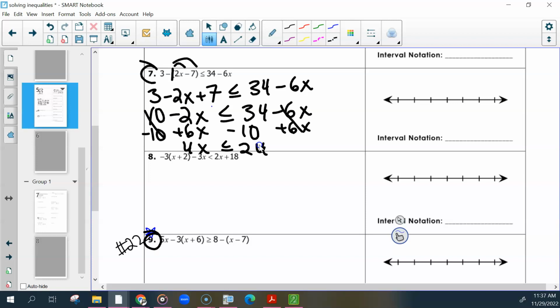And then we would divide both sides by 4. I'm going to rewrite this over here. So x would be less than or equal to 6. The sign would not change. Draw that on your number line. This would be open or closed. Closed. Going to the left.